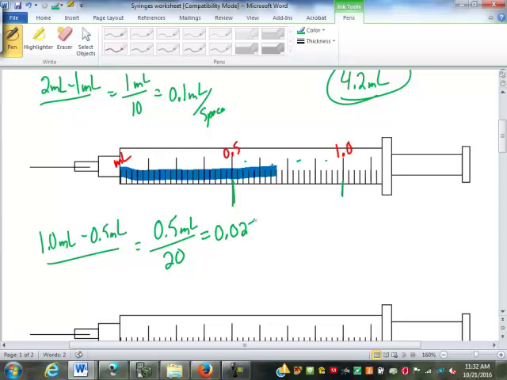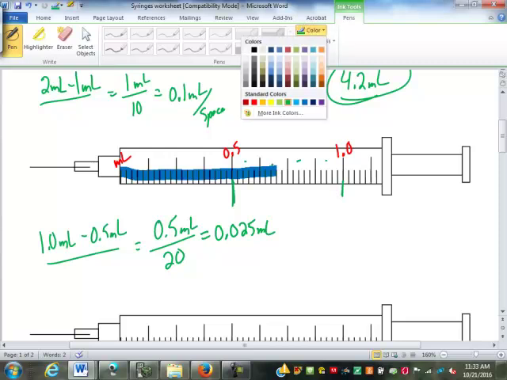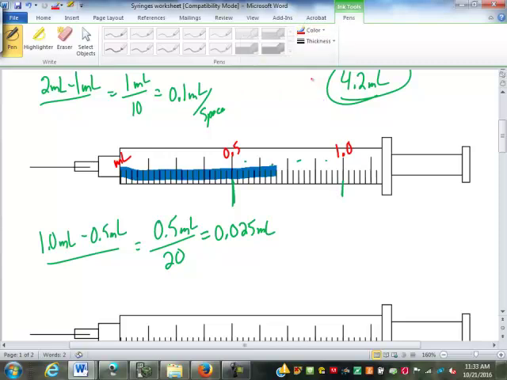That is 0.025 milliliters per space. That's going to be awkward to count. But what that's telling us is every 4 spaces, if I multiplied that by 4, that's 1/10. So every 4 spaces is 1/10.